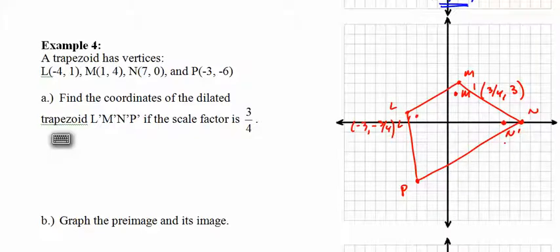That's N prime, 5 1/4 comma 0. And this is 1, 2, 3 over. 3 times 3/4 is 9/4 is 2 1/4. So it'll be right about here. And then 1, 2, 3, 4, 5, 6 times 3/4 is 18/4 is 9/2 is negative 4.5.